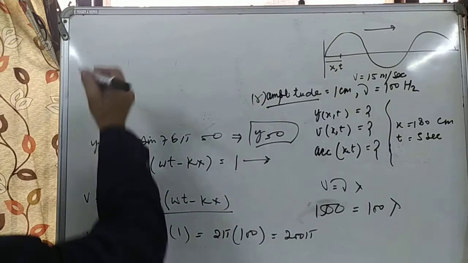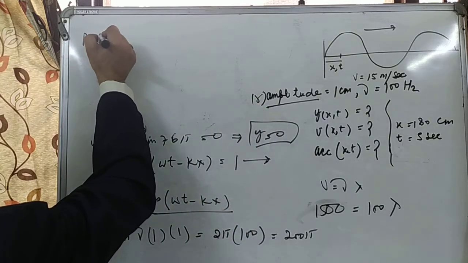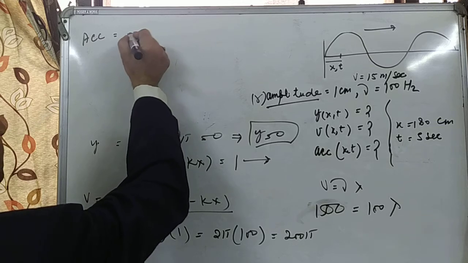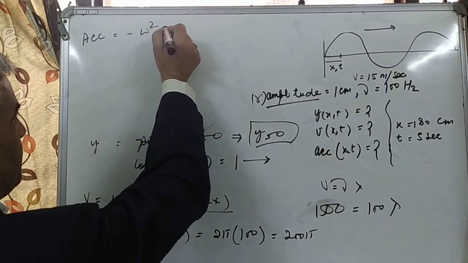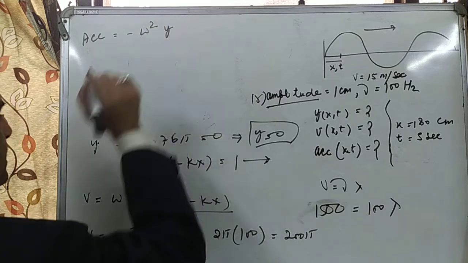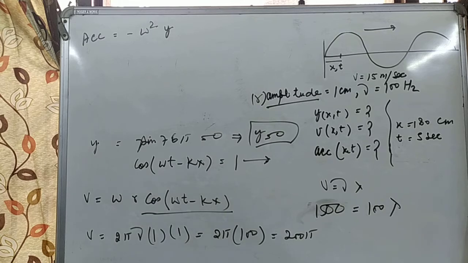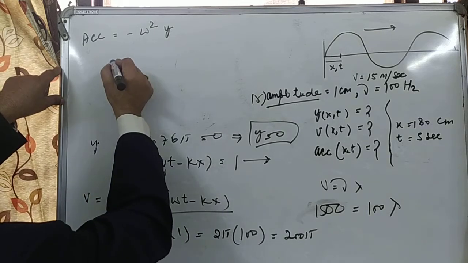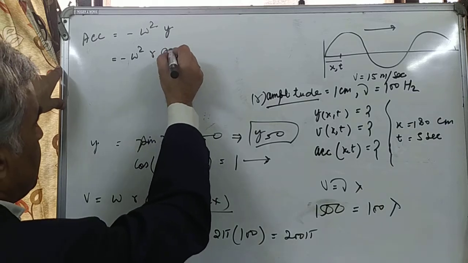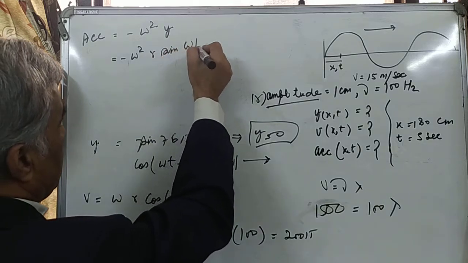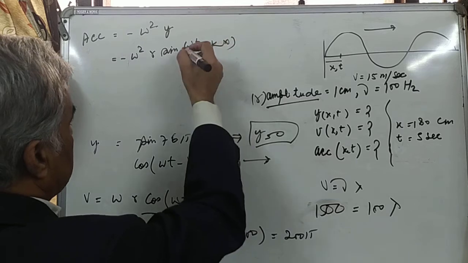Now we are to find acceleration. Acceleration is minus omega square y. So that is minus omega square times y, where y equals r sin(omega t minus kx).